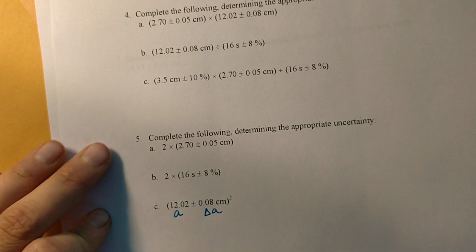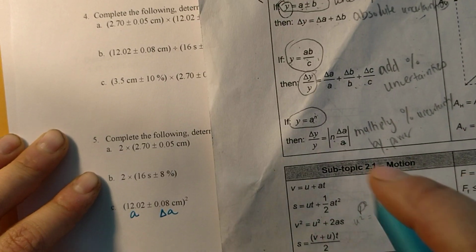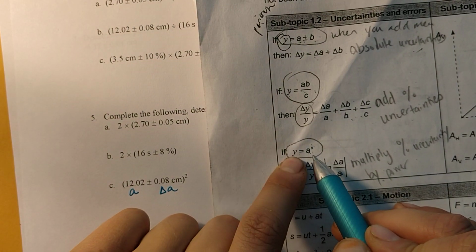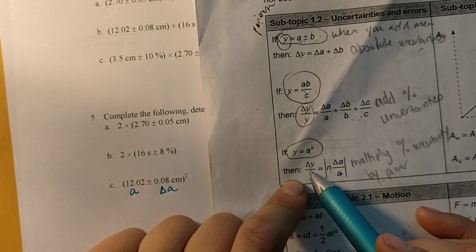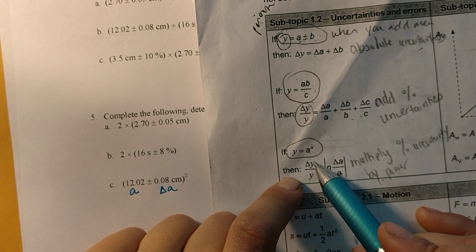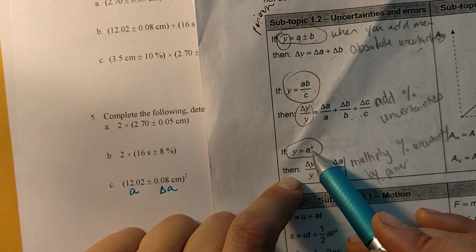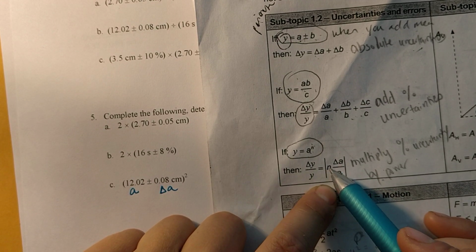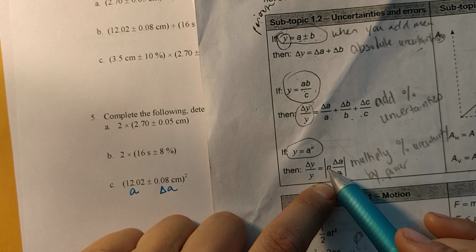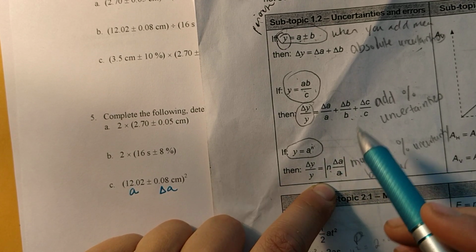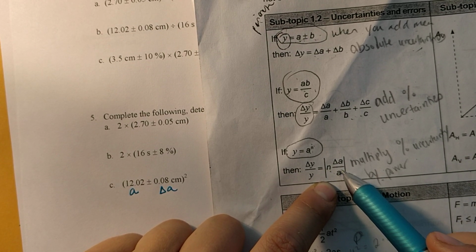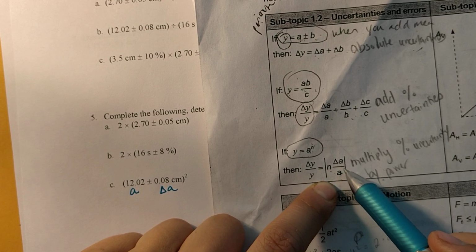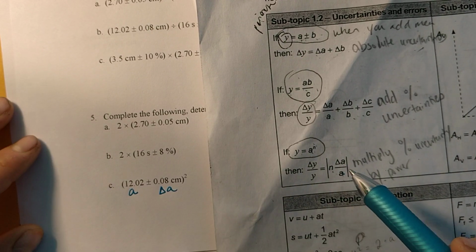If I grab the data booklet, it says right here, if you're raising your measurement to a power, in this case I'm raising A to the second power, then the percent uncertainty in 12.02 squared is 2, the power that you're raising 12.02 to, times the percent uncertainty in 12.02. 2 times 0.08 divided by 12.02.